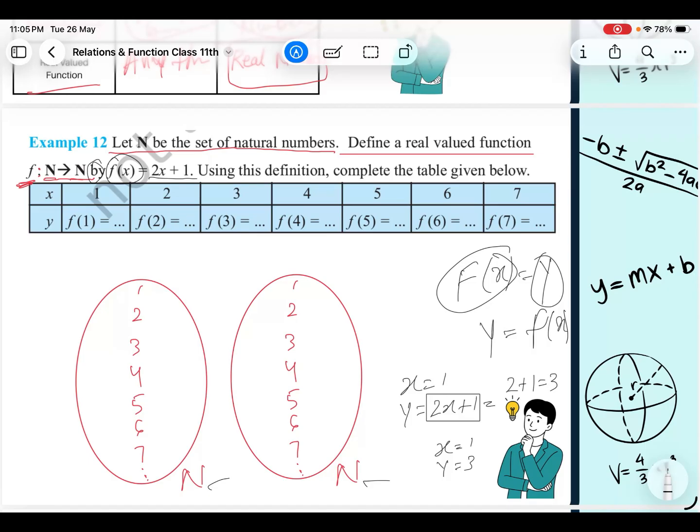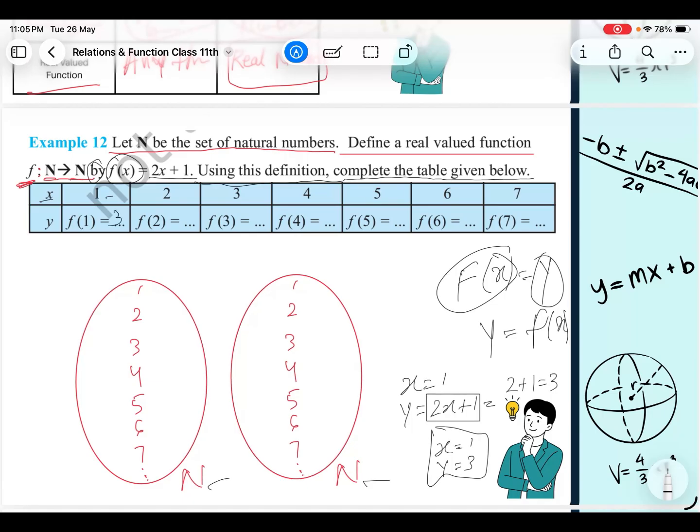So 2 into 1, 2 plus 1, 3. Okay, so we have to make it in this form. Using the definition, complete the table given below. So we have x equal to 1, then what will be f(x)? f of 1 will be 2 into 1 plus 1, that is 3.